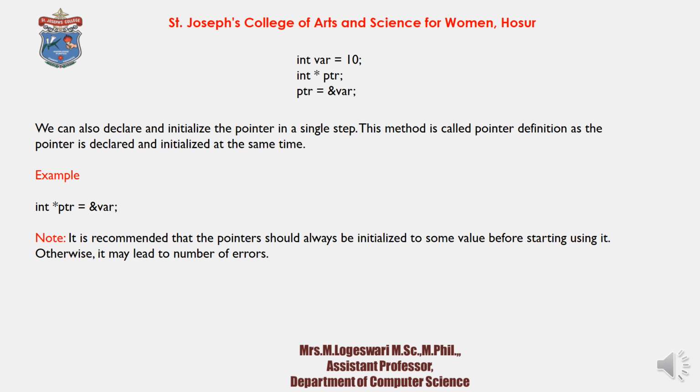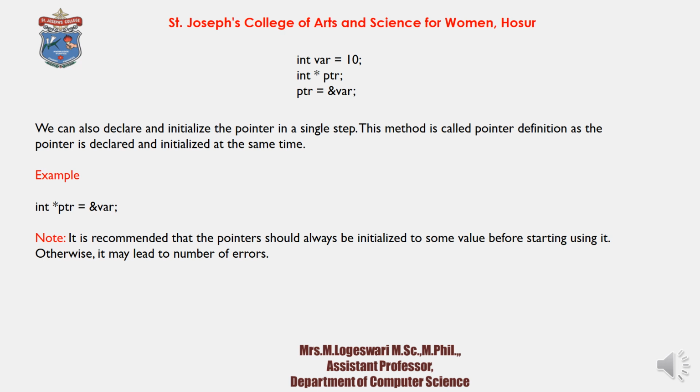We can declare and initialize the pointer in a single step. This method is also called pointer definition, as the pointer is declared and initialized at the same time. In the previous example, first we declared the pointer variable and after that initialized it. In this example, we declare and initialize at the same time.